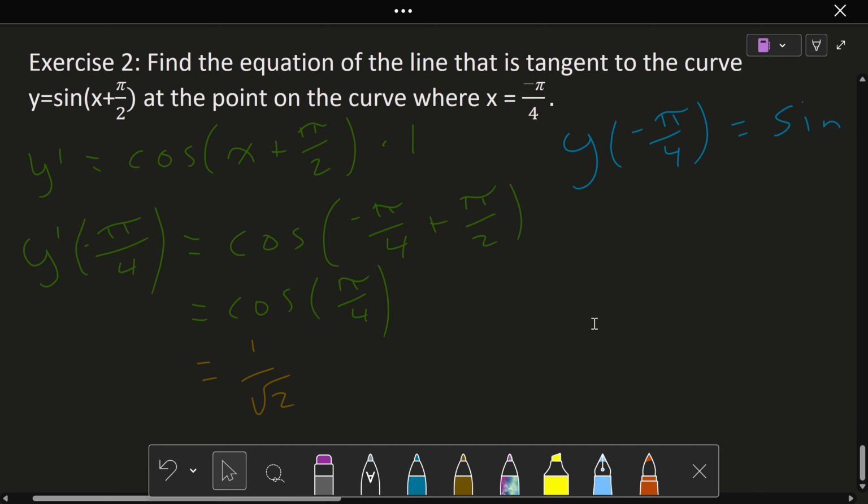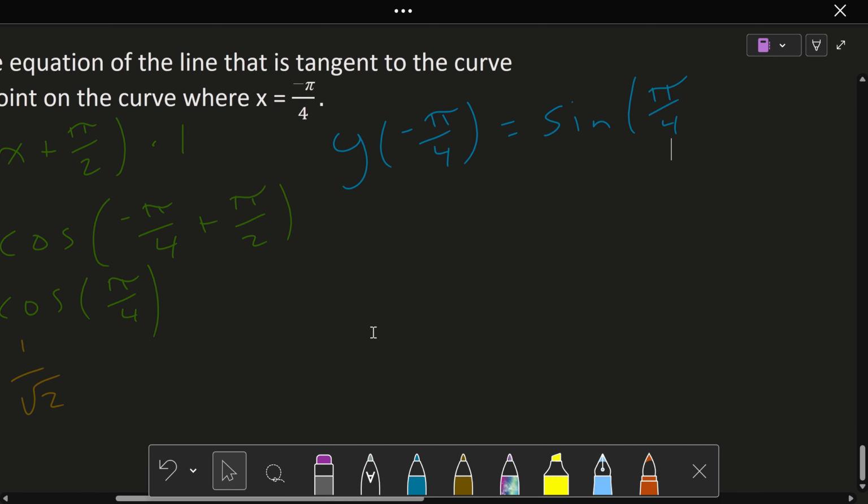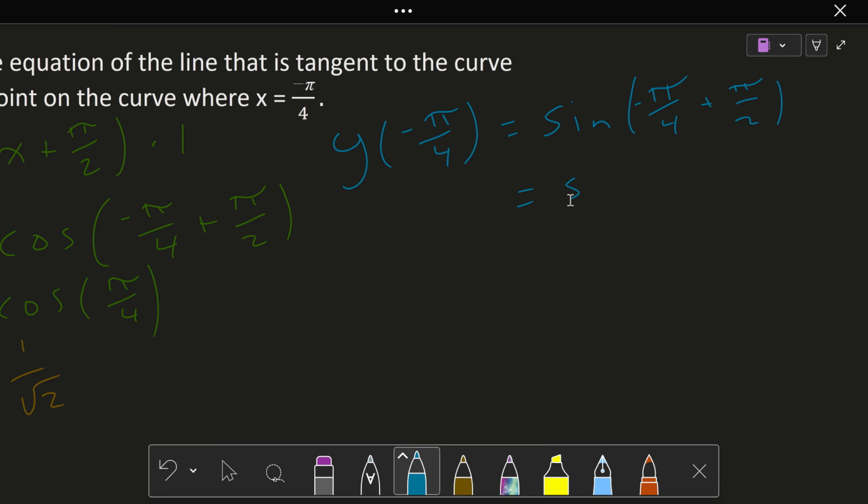Remember, I'm plugging in negative pi over 4 plus pi over 2. And it just nicely works out to the same, using that same special triangle, that the cos of pi over 4 and the sine of pi over 4 are going to be the same thing.